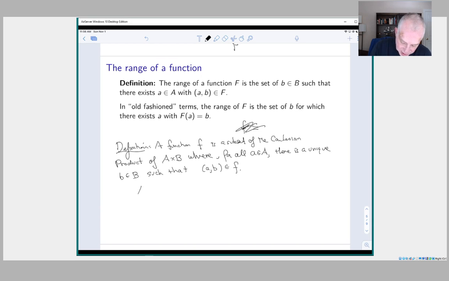And in this situation, A is called the domain. B is called the codomain.